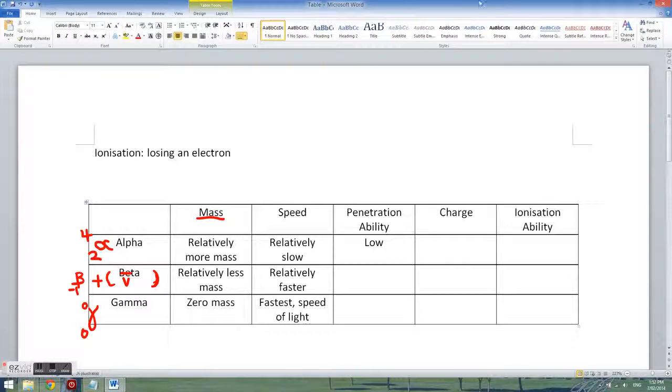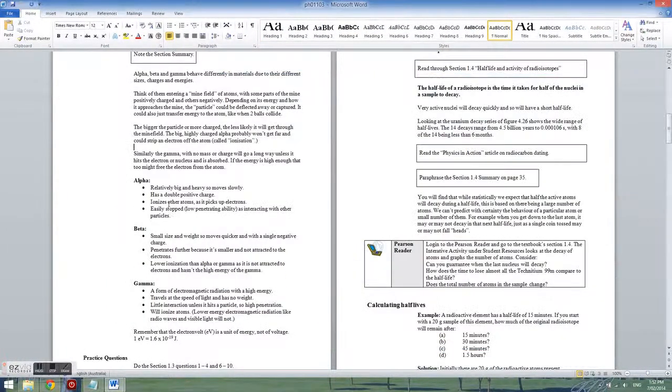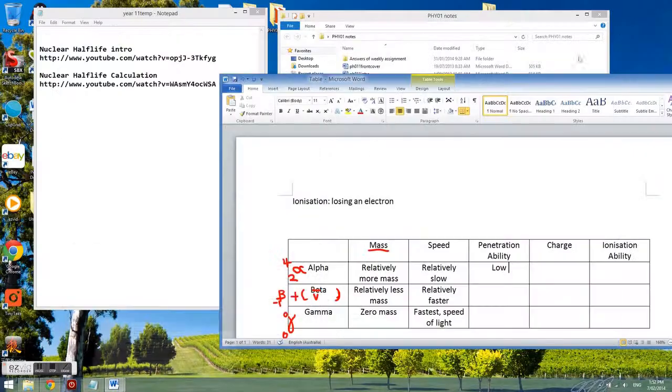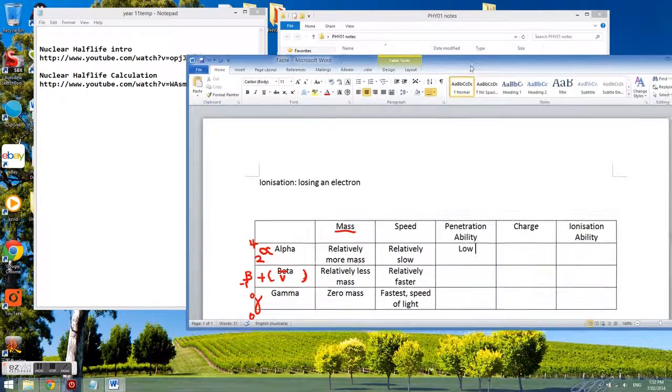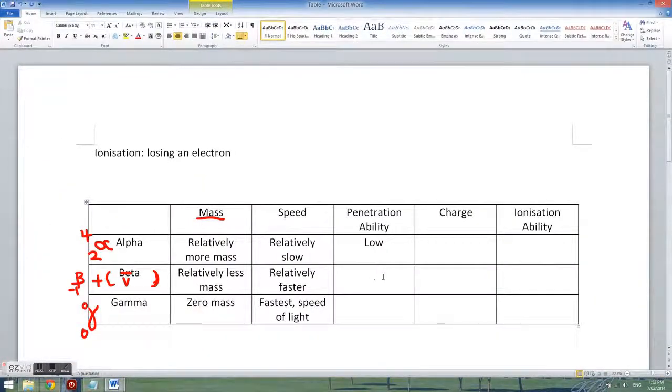It's easily stopped, for example by your skin. However, your beta particle, because it travels a little bit faster, is relatively high. And your gamma one is very strong.